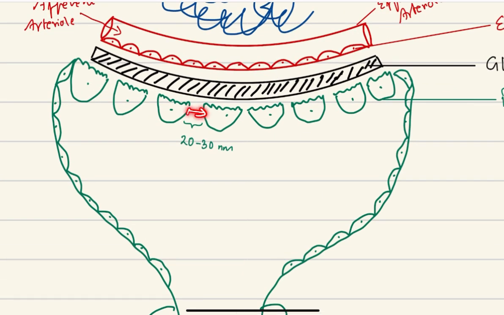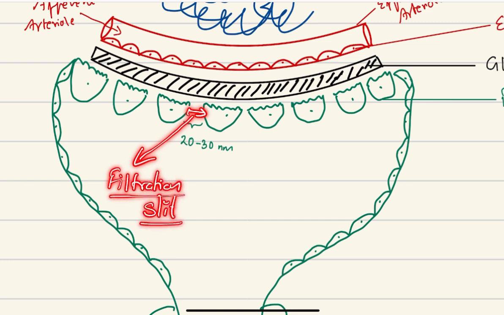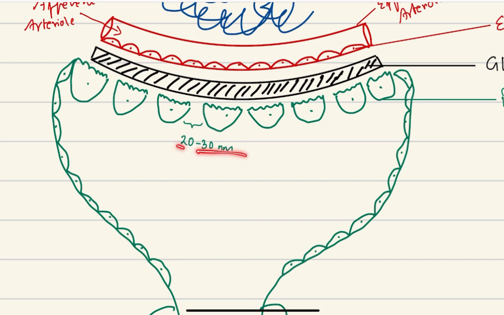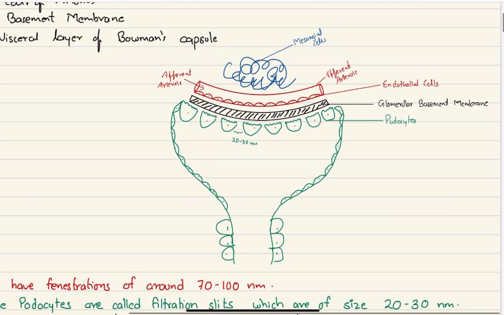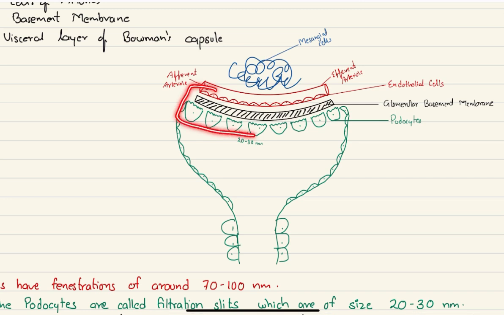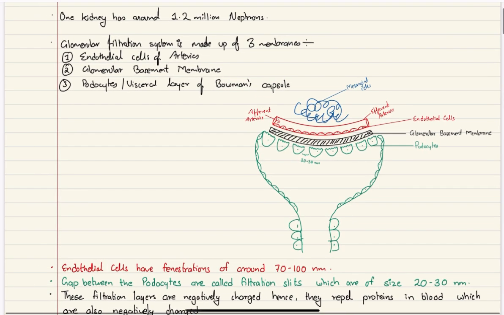This gap is also called the filtration slit, and it's around 20 to 30 nanometers in size. Through this gap the smaller particles will filter out, whereas the bigger particles will remain outside. So these are the filtration layers of the glomerular filtration system.